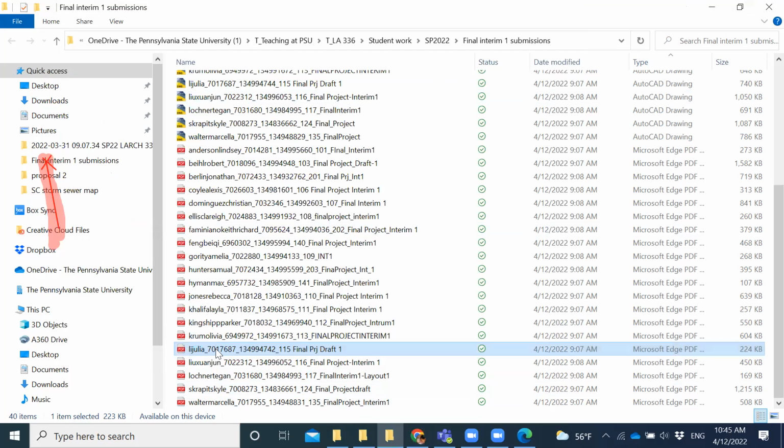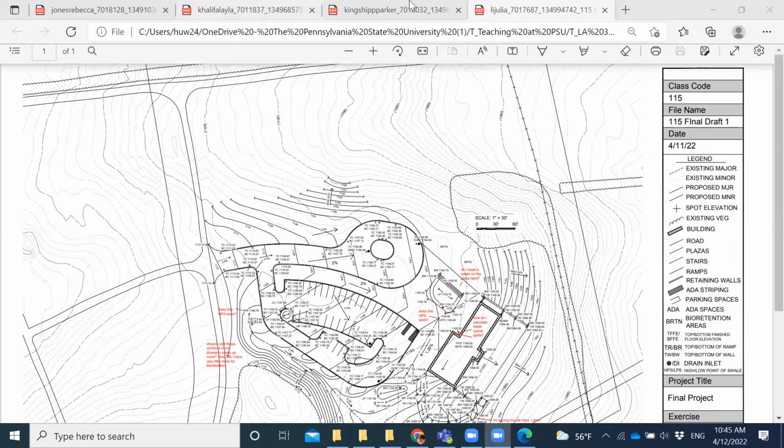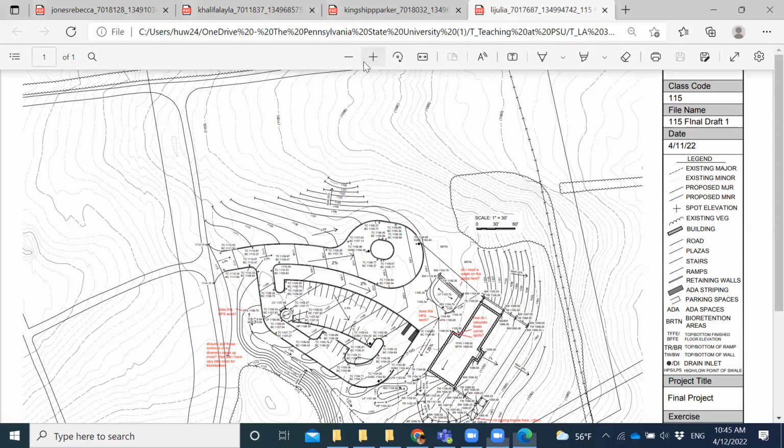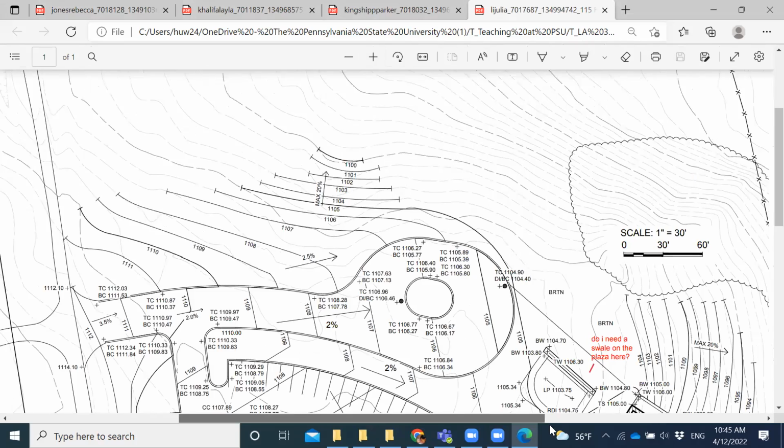Okay, Julia's drawing here. Do I need a swale on the plaza here? You would continue your swale line until you reach the edge of the plaza and indicate the spot elevation.